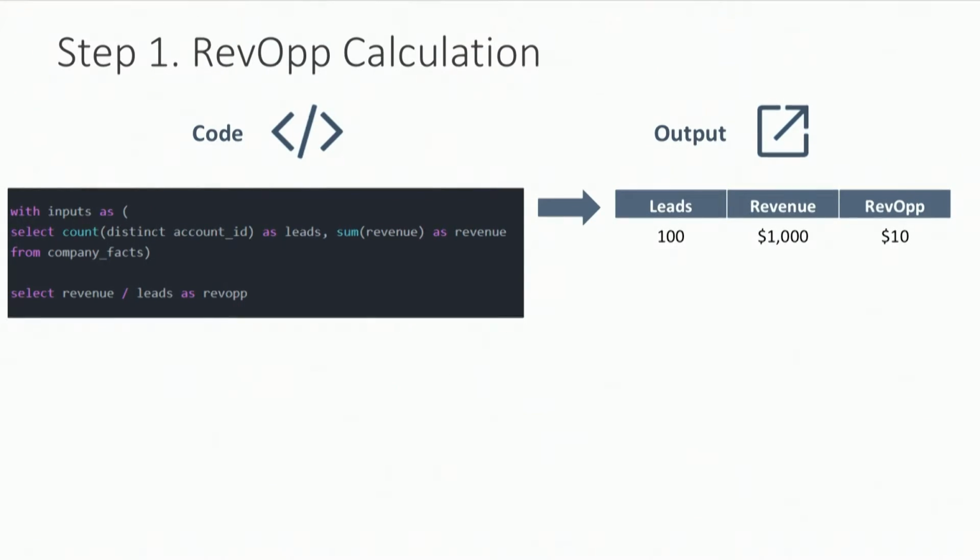So the first step is calculate your overall Rev Up. This is really easy. It's just revenue divided by number of leads in a cohort. This is the expected value of all of your leads in your cohort. But for lead scoring, you don't want to just know what your average is. You want to find the variations, the things that make some leads have a higher Rev Up and some leads have a lower one.